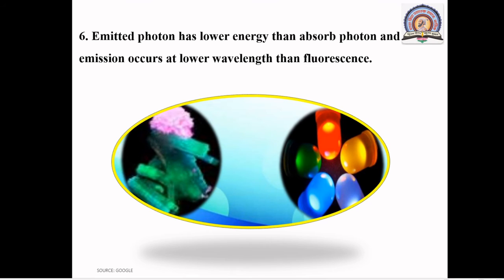For example, jellyfish and vitamins are examples of fluorescence, while in phosphorescence, the glow remains for some minutes even after dark.